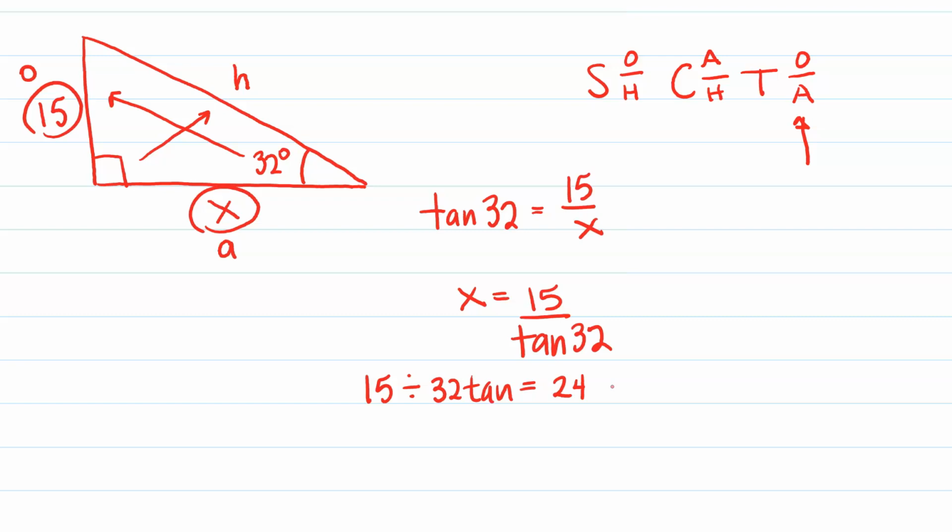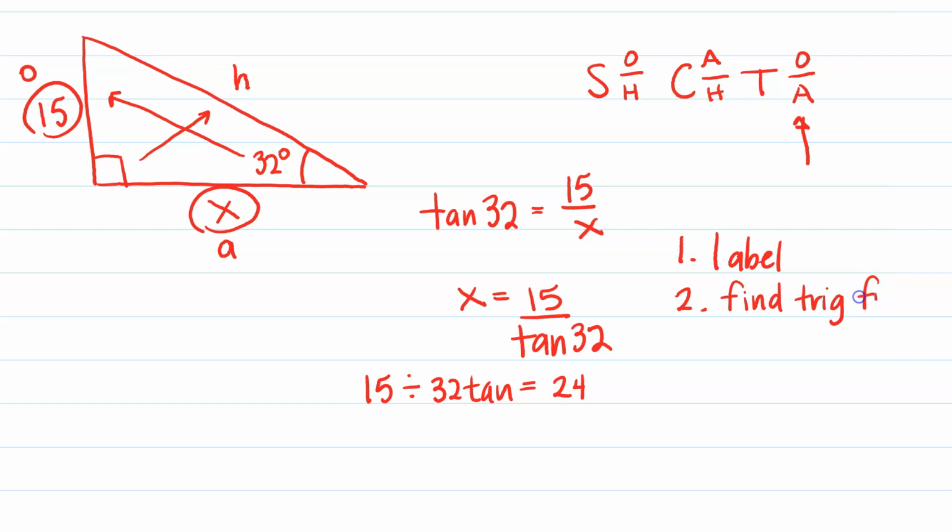Okay, you're going to do the same process no matter what the problem is, based on what side you're given. So first you label. So number one, label in relationship to the angle that you're dealing with. Okay, then you're going to find the right trig function.